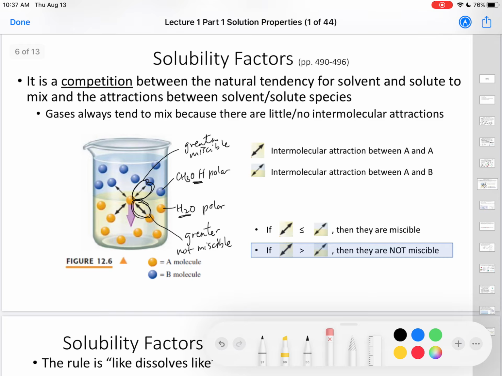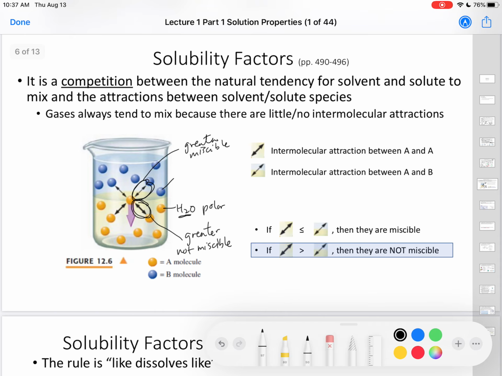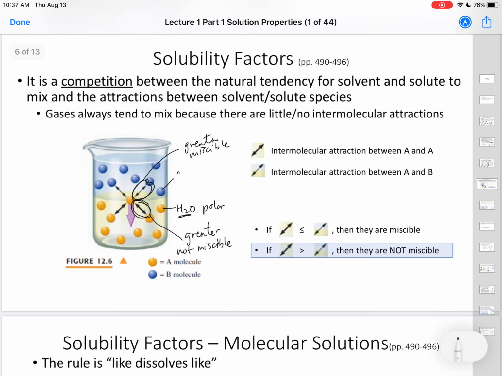But what if, for example, you have water, and instead of this, you have something like CH4? Remember, it's a hydrocarbon, so now it's nonpolar. Now, this attraction between the orange and the blue balls is going to be very small because polar and nonpolar are not attracted. And so you would assume that these two things are going to be not miscible.